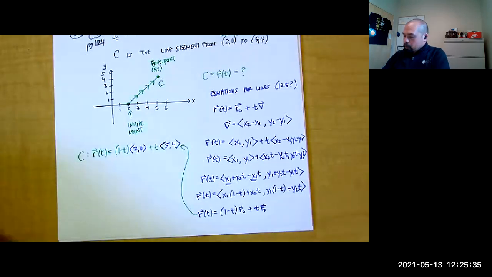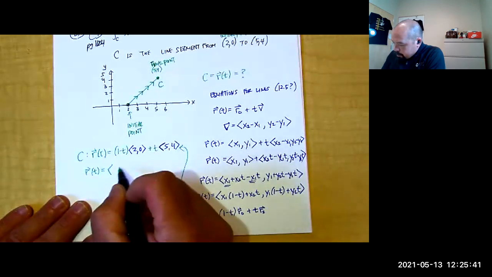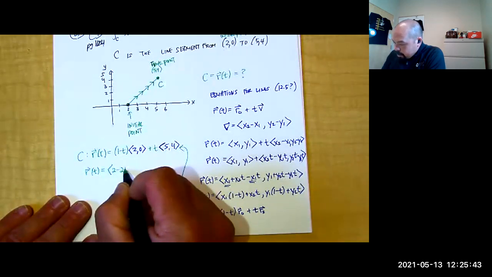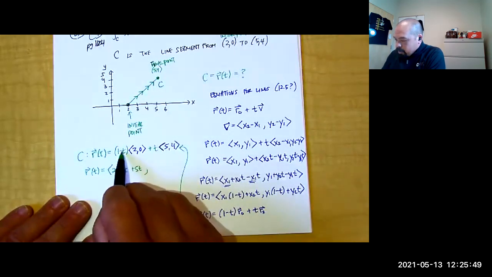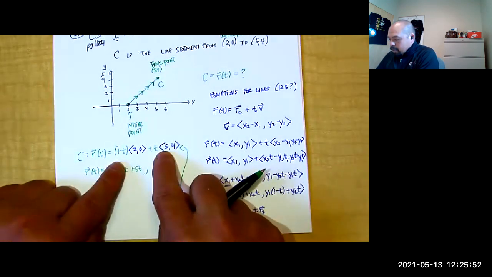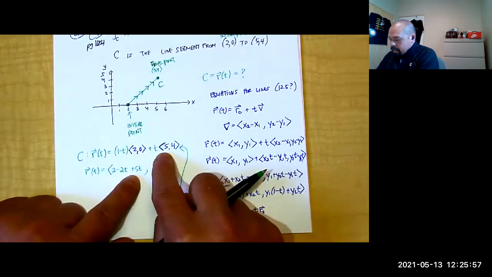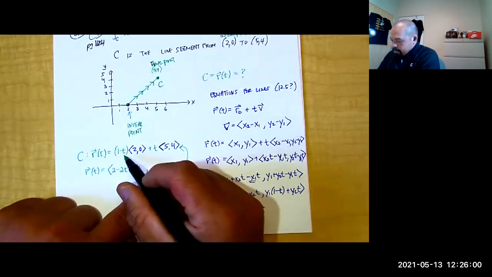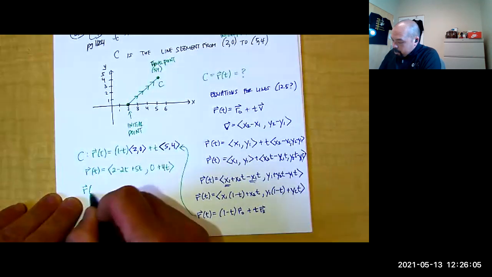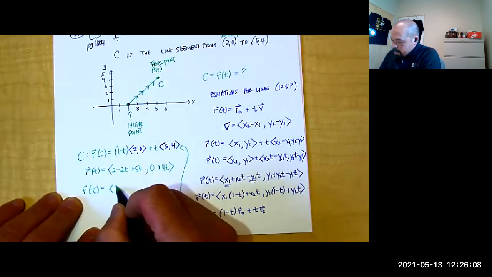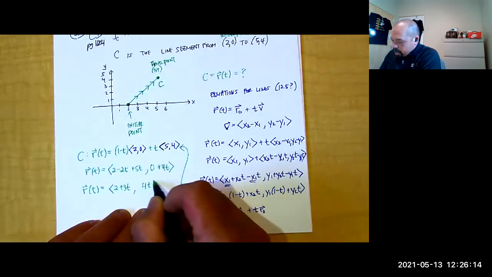Okay, and so as we look at that, putting those components together, we're going to get here 2 minus 2t plus 5t, right? Just showing that 1 minus t in 2 minus 2t plus the 5t. Then for the y, 0 plus 4t. So then our r of t, 2 plus 3t, 0 plus 4t is just 4t.